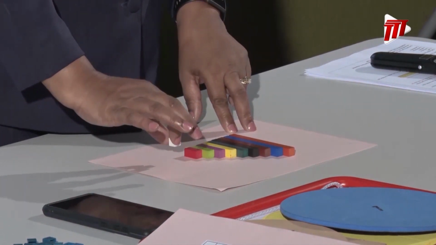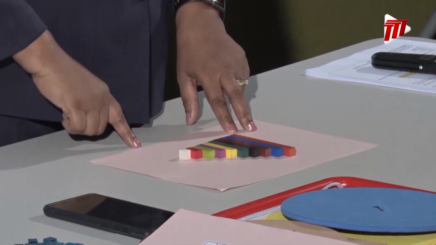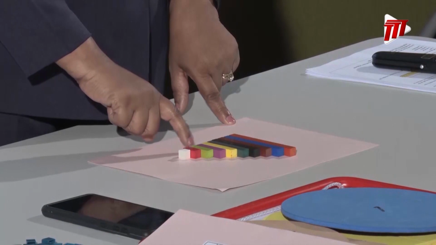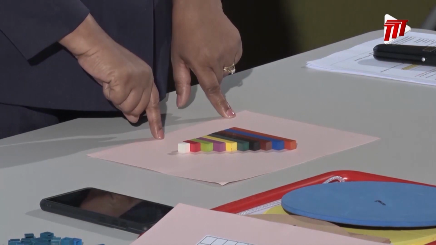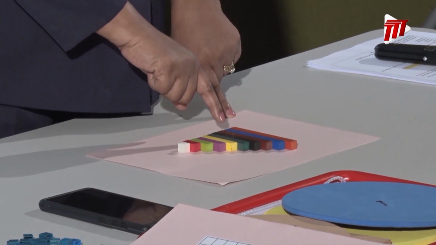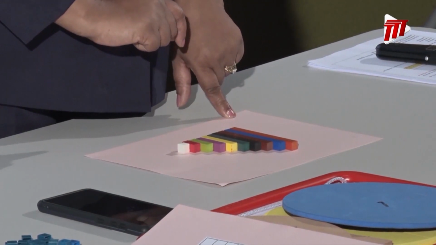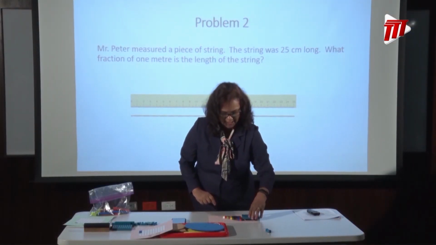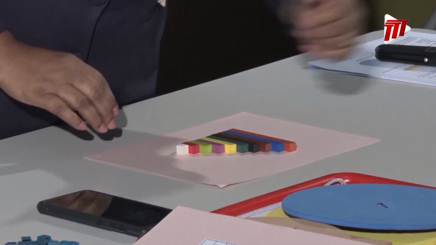So we have the white, which is a 1 cm cube, representing 1 unit. We have the red, representing 2 units. We have the light green, representing 3 units. The purple, 4 units. Yellow, 5 units. Dark green, 6 units. Black, 7 units. Brown, 8 units. Blue, 9 units. And orange, 10 units. And this is very similar to our flat because it's the same length. So 10 centimeters is used to represent 10, just as in one of the sides of our flats.